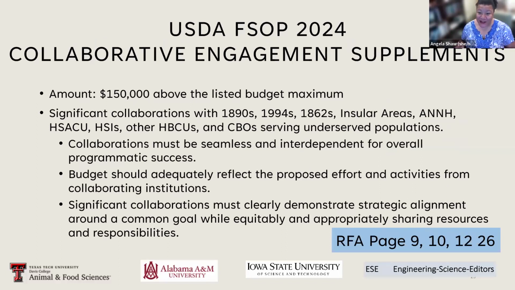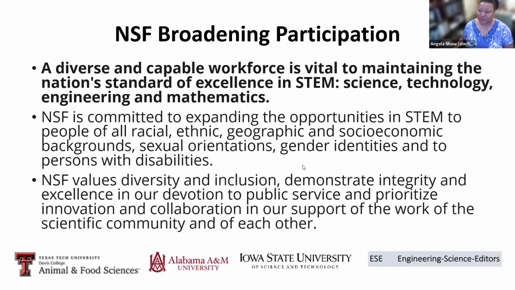When we say collaboration, we're talking about mutual partnerships between them to engage in these activities. This grant that we are currently doing is an example of that. Texas Tech University is a Hispanic serving institution. Alabama A&M University is a historically Black university. And then we have Iowa State University, which is a land grant institution. So we are mixing associations or universities together for this collaboration.